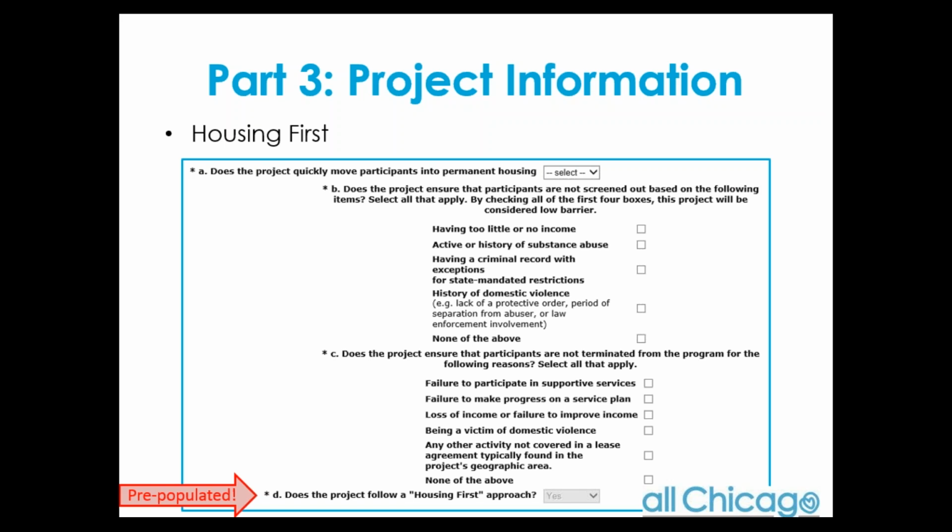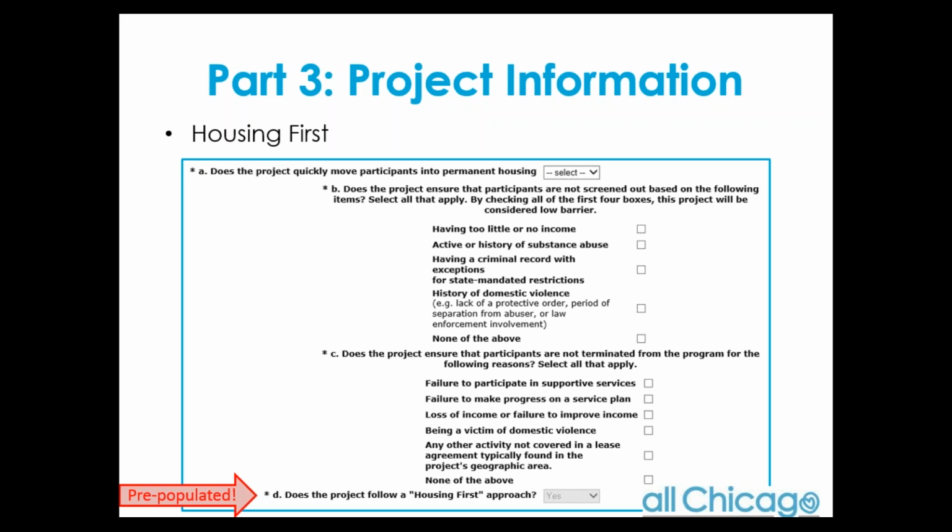And then you'll have those same questions about whether you're ensuring that project participants are not screened out based on the following items. If you are housing first, they want you to be able to check all of those, instead of, obviously not none of the above, but to be able to check that you are not screening out for any income issues or substance abuse or criminal record, with exceptions for state-mandated restrictions, as well as history of domestic violence.